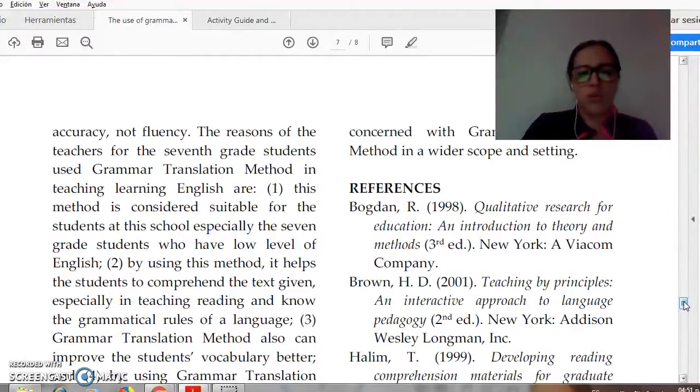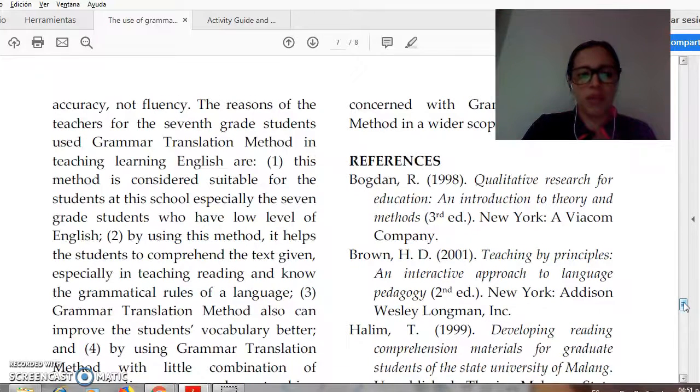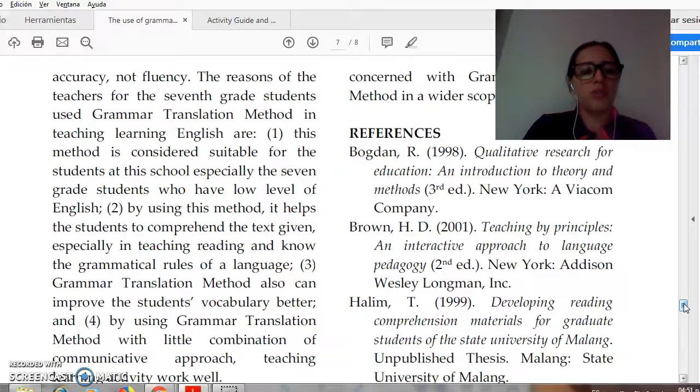And also the reasons why the 7th grade students use this method and the teachers are happy using this method with this group are, number one, because this method is considered suitable for the students, that have especially low level of English.